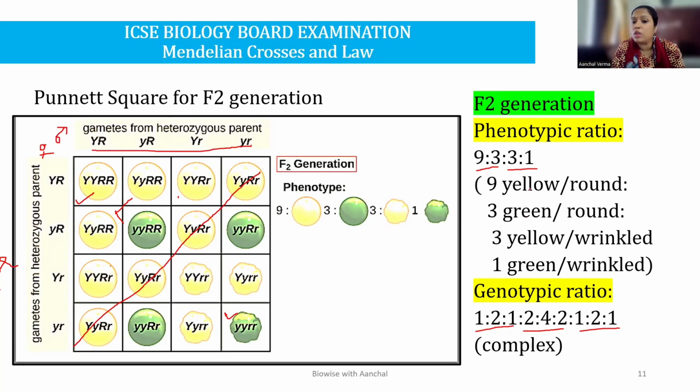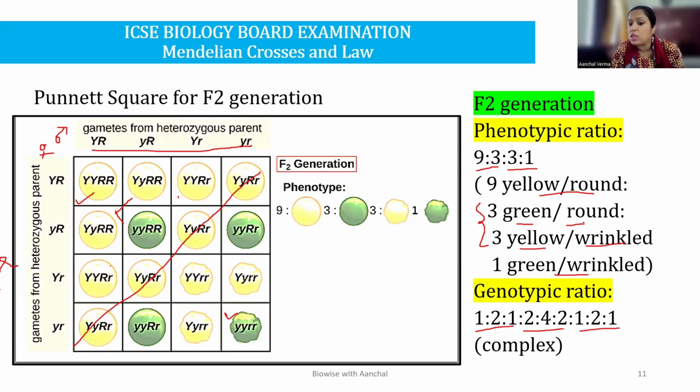Now, without doing the cross also, you can write it. See, the F1 generation was yellow and round, correct? And the recessive trait will be wrinkled and green. Now, the center ones will be the combinations: yellow and wrinkled, and green and round. These are the two possible combinations.